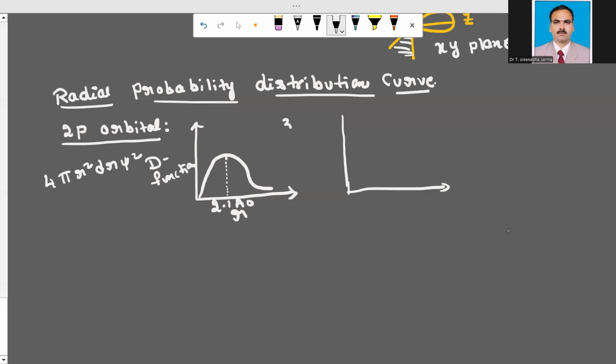For 3p orbital, that gives two peaks. This is for 2p orbital.